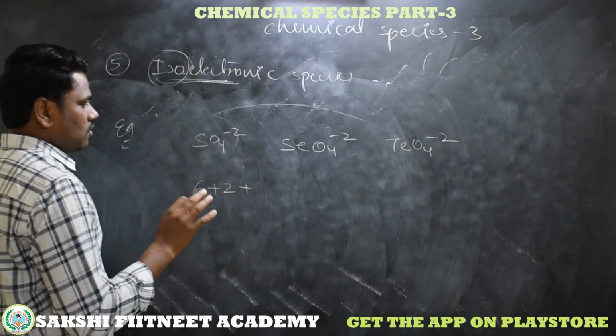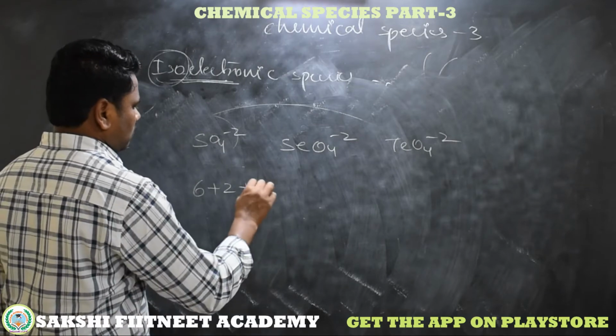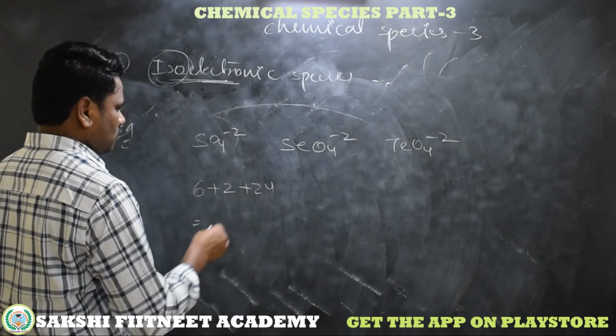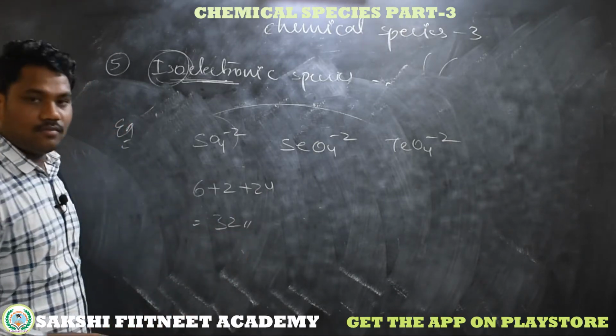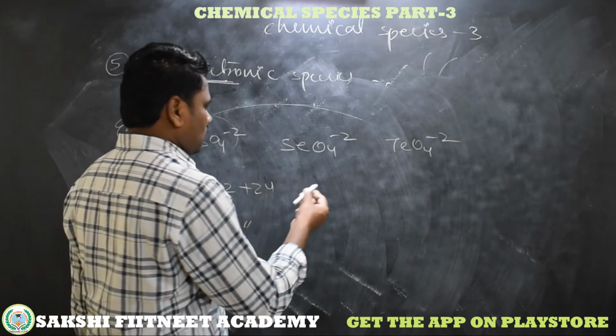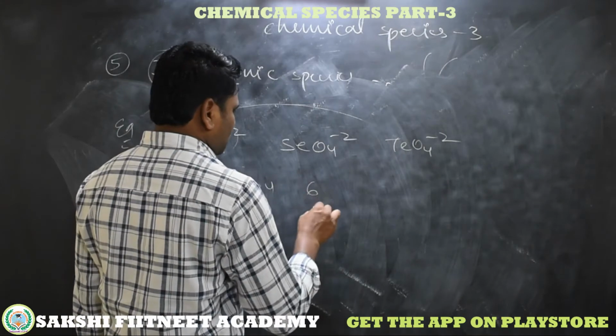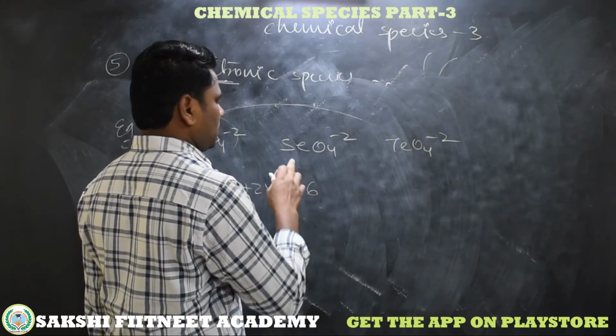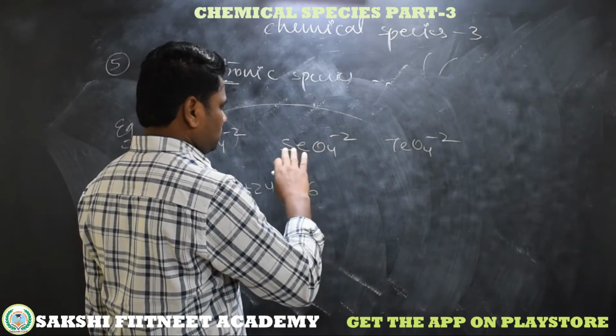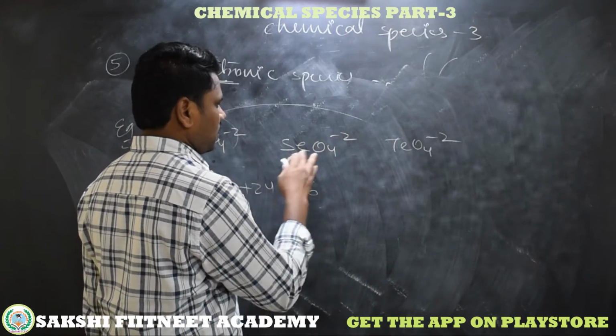Now oxygens are 4, each exhibits 6, total 24. 8 plus 24 becomes 32 valence electrons. Now selenium has the same 6 valence electrons because sulfur, selenium and tellurium are in the same group; we just change the element.